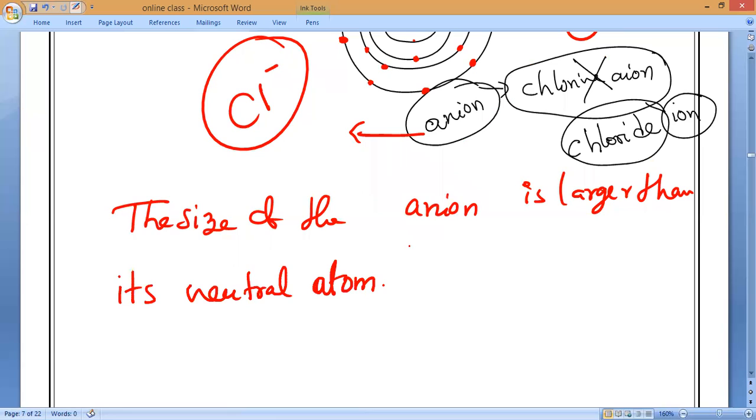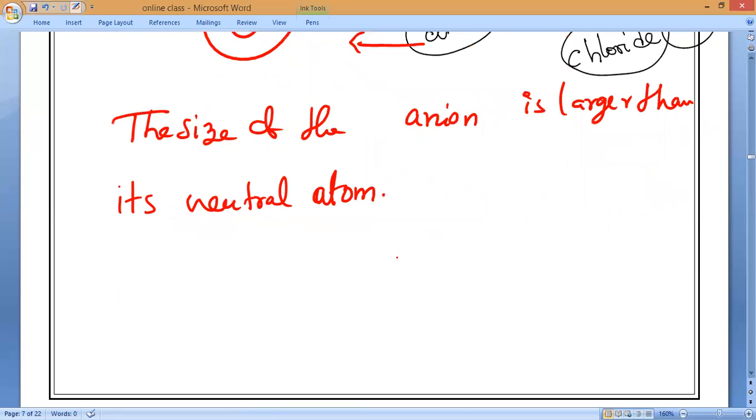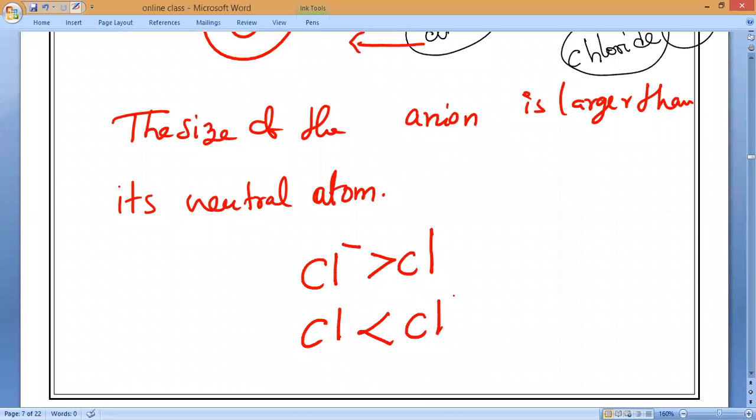Hope everybody understands. Any doubt? Let me know. Clear? Yes, sir. That is what you have to remember. So for example, the chlorine ion is greater than the chlorine atom, or the chlorine atom is less than the chlorine ion.